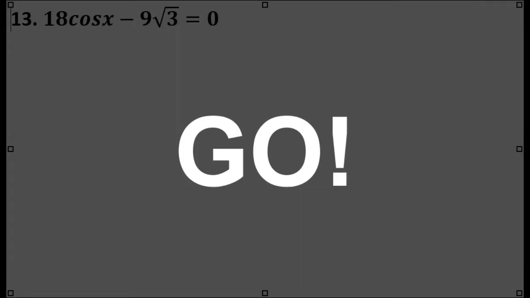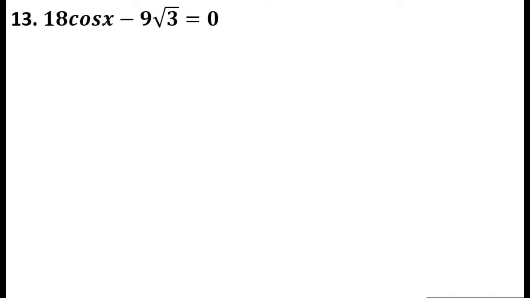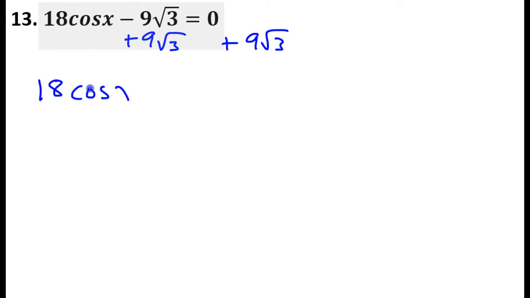All right, these problems have been so quick and easy that I'm going to go ahead and do 2 more problems on this video. So, okay, getting cosine by itself, I'm going to add 9 radical 3 to both sides. So that's going to give me 18 cosine x is equal to 9 radical 3.